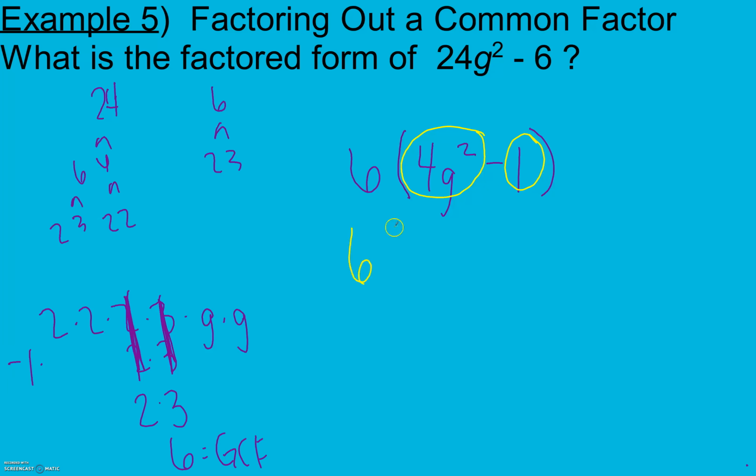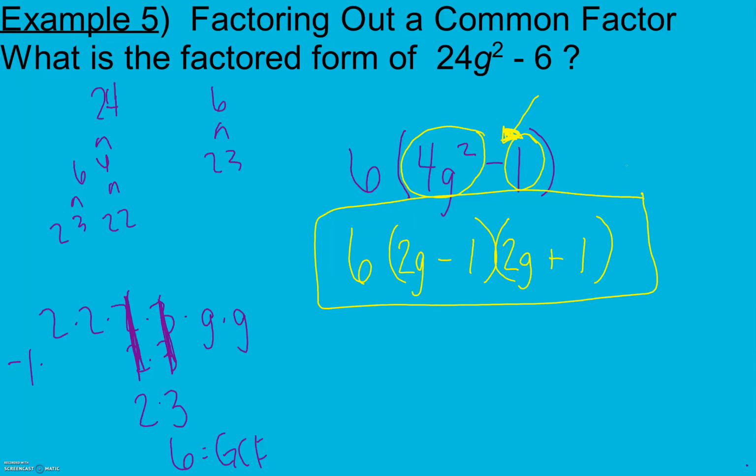So I have the difference of squares, and I can factor this down further. 4 is 2 times 2. G squared is g times g. And 1 is 1 times 1. And since I found the difference of two squares, my signs are going to be different. And this is our final answer in factored form.